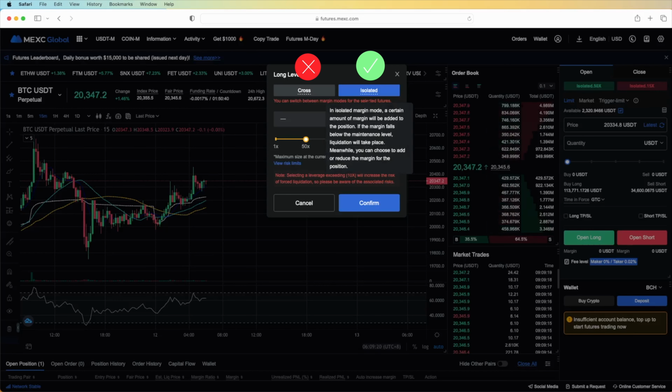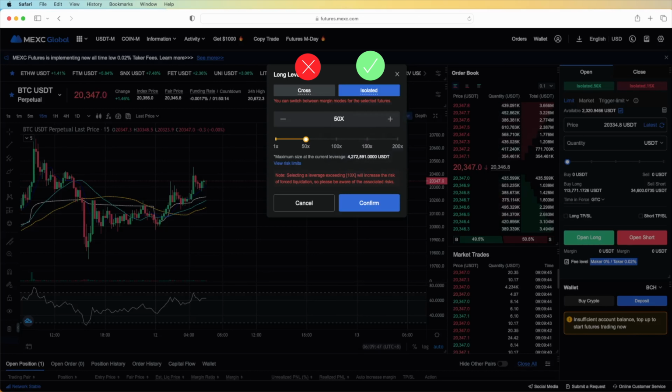With isolated, you just risk based on your isolated amount. For example, if the price has a heavy jump or heavy dump, the exchange warns you about this too, because every exchange could be different, especially when you trade altcoins.